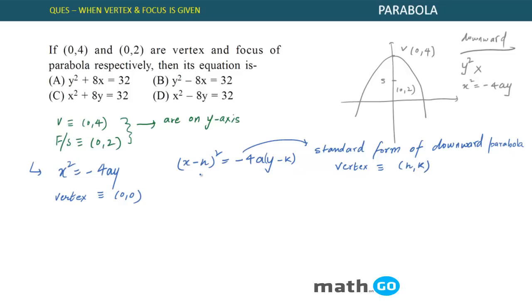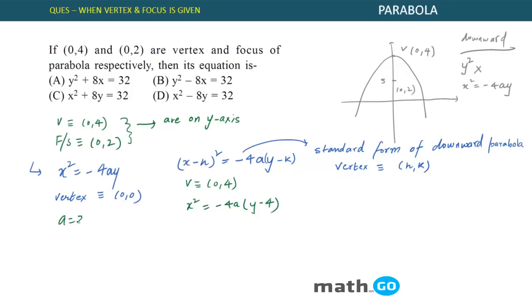Now if you compare this standard equation with what is given to you, your vertex is what point? We know that our vertex is 0 comma 4. We will obtain this when you write something of this sort, x square equals minus 4a into, sorry, y minus 4. So what is left now?